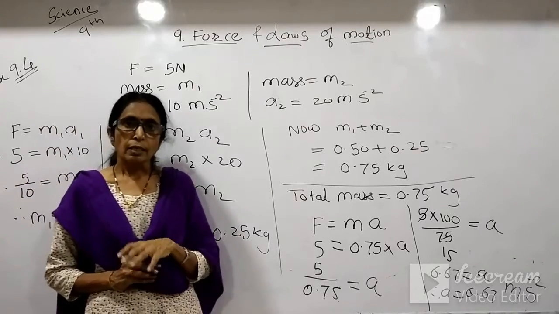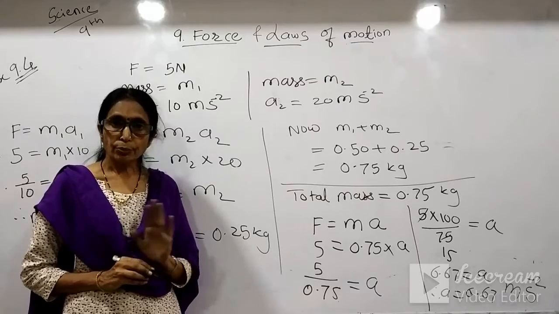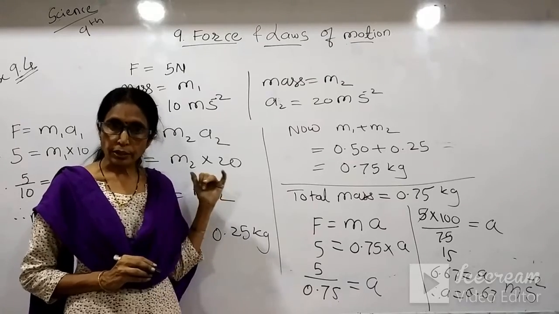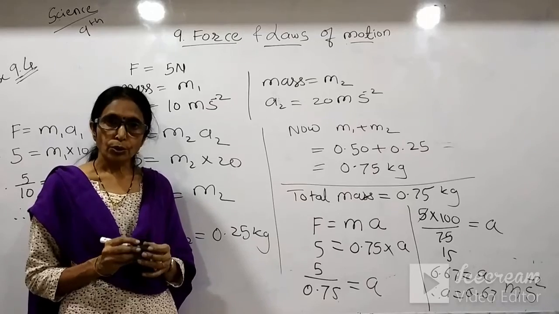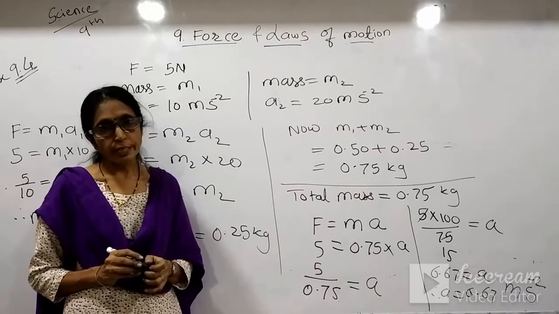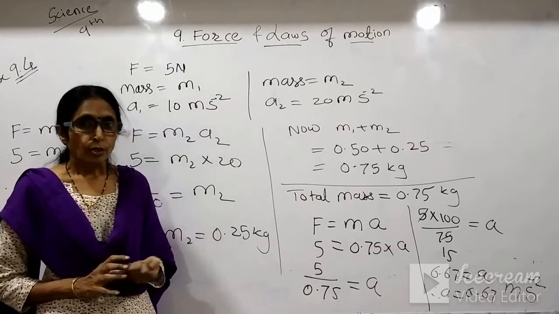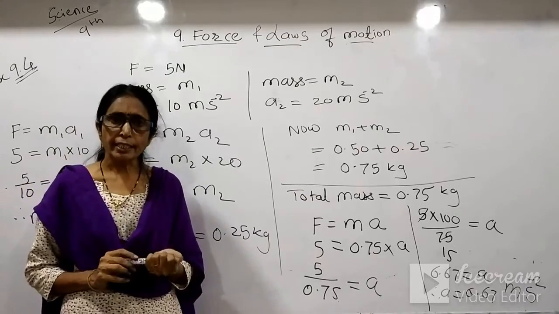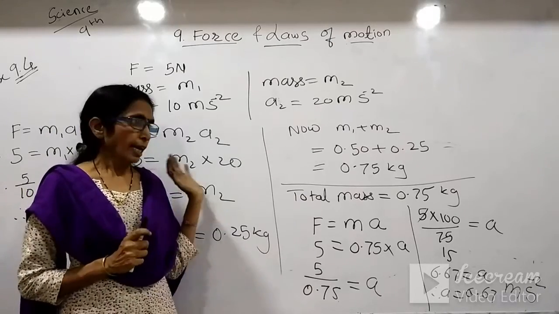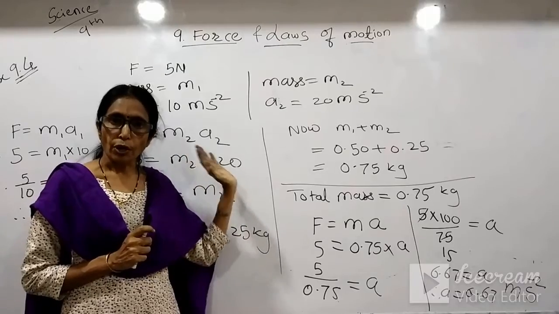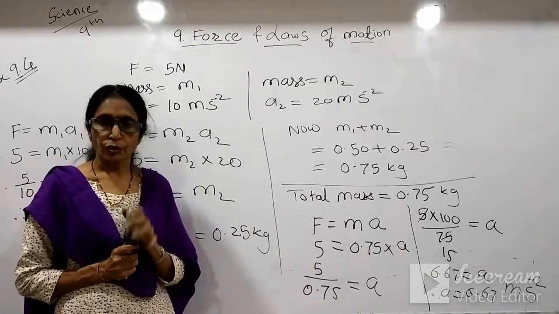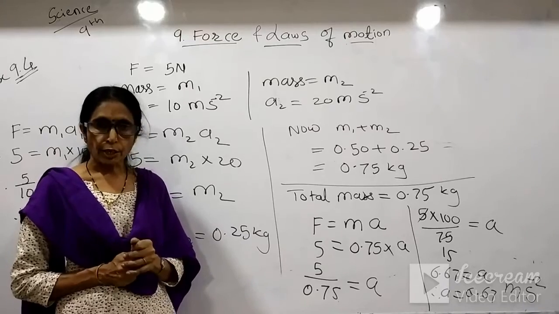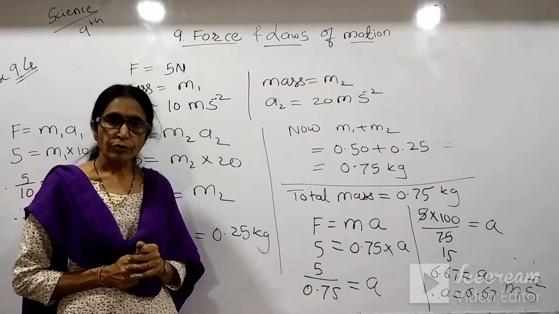So students, no numerical based on this is hard. Just go through it twice, thrice, and you will get the answer. Hope that you got all these numericals and the 2 laws of Newton, first law, second law, also the derivation of that.